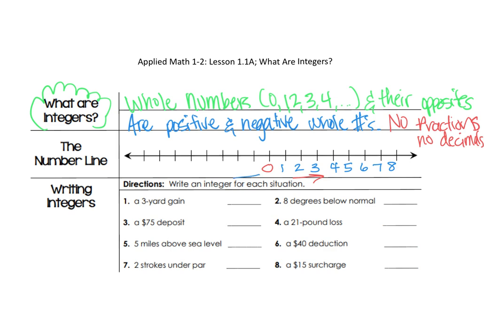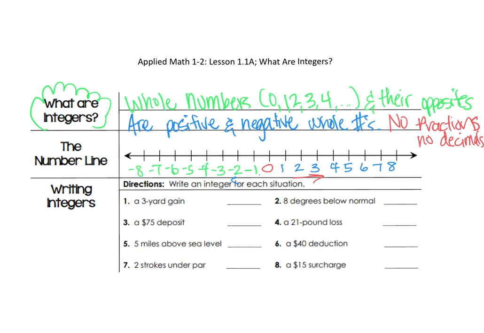And everything as we work to the left of 0 is going to have a negative sign in front of it. But we increase those negative numbers in the same way as we count: -1, -2, -3, -4, -5, -6, -7, and -8.